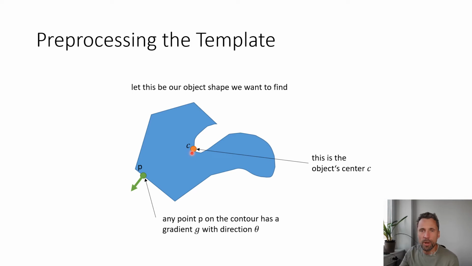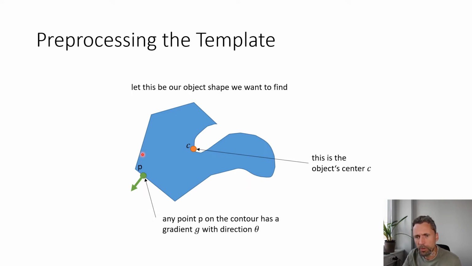And then for any given point on the contour, we need its gradient. Since Canny already computes the image derivatives, we can get this image gradient G, or the direction, the angle of G, with no additional cost.